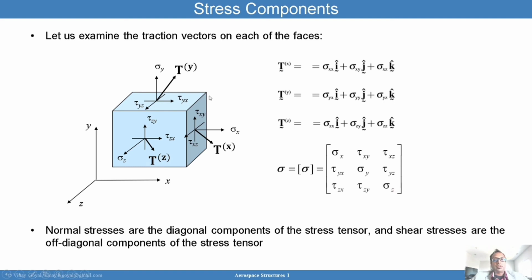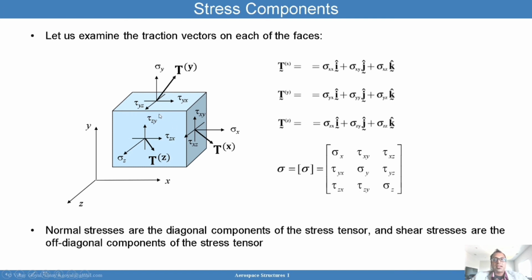Note that this cube here really represents a material point in the structure. So in other words, this is a point, but it is represented as a cube to understand how the stresses are acting on that point.